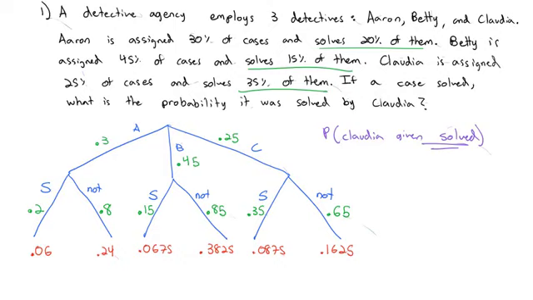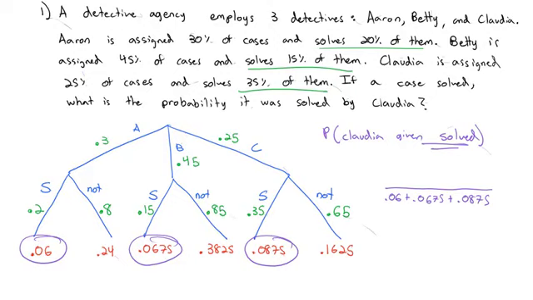Well, there are 3 places where we see solved cases: once under Aaron, once under Betty, and once under Claudia. That given information is going to become our denominator. Our total solved is going to be 0.06 plus 0.0675 plus 0.0875 to get the total probability of a solved case.